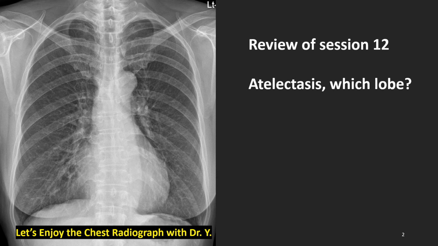These three findings are usual manifestations of right middle lobe collapse. The fantastic triangular density in the lateral chest radiograph is not so often visualized. This is the common finding. Good job.